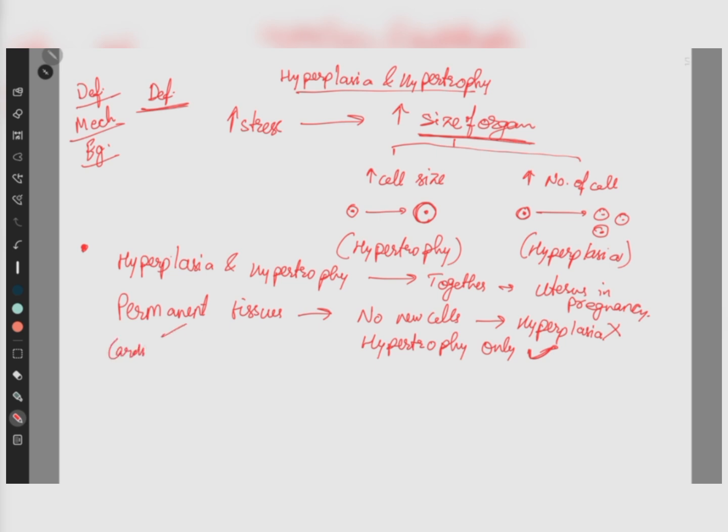First is cardiac muscle. Second is skeletal muscle. Third is nerve. Example of this is cardiac myocytes, which only undergo hypertrophy in response to systemic hypertension.